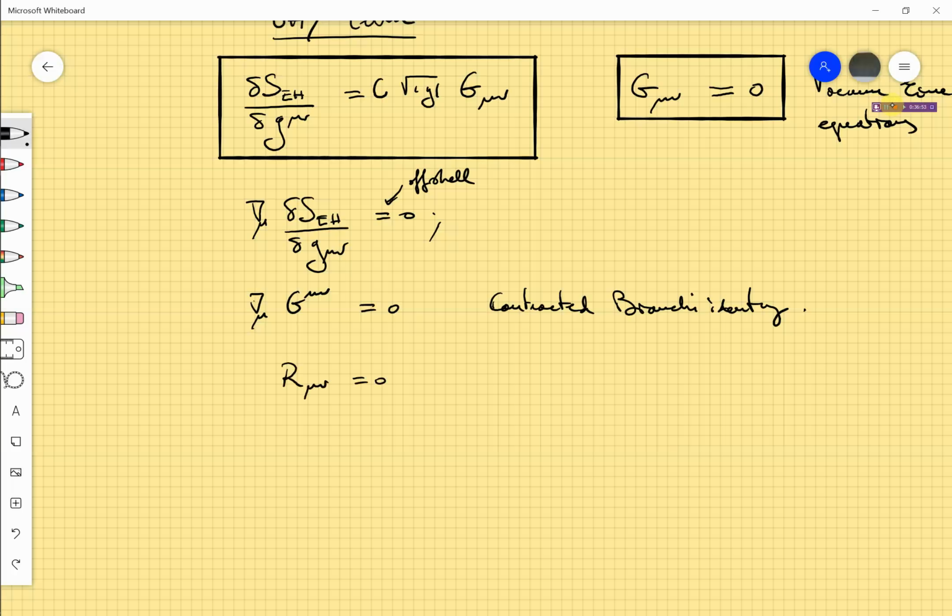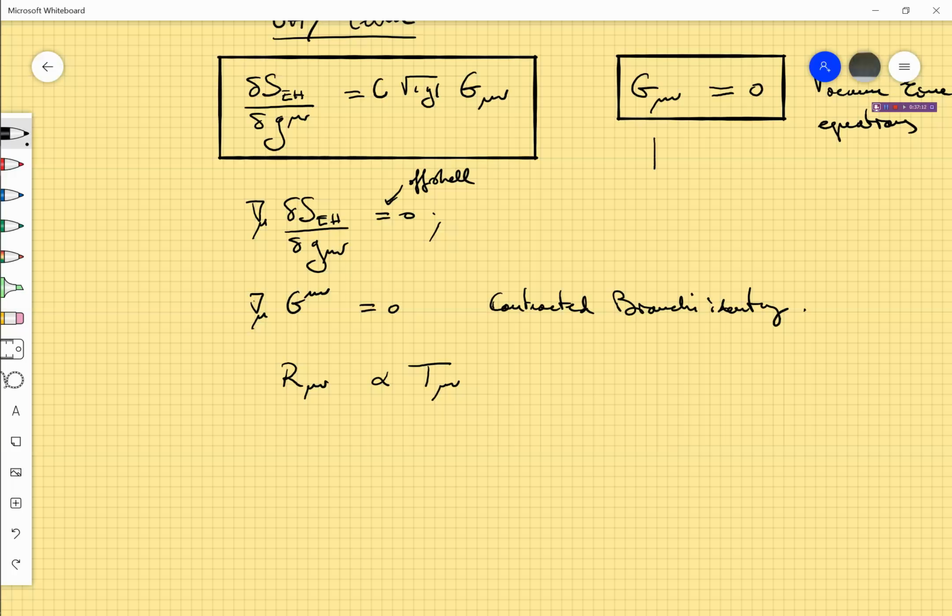What Einstein proposed was this, up to some constant. In presence of matter, this is what you could have.